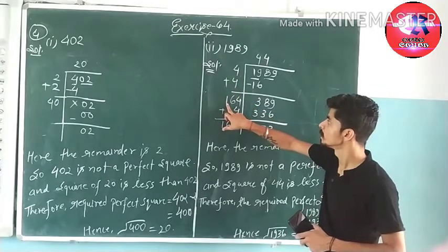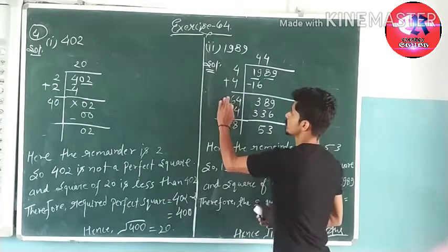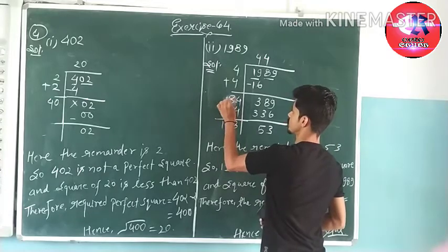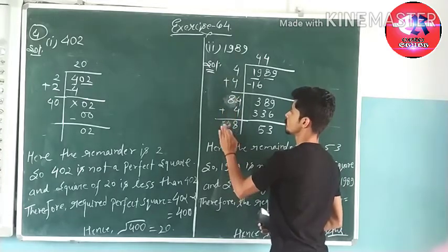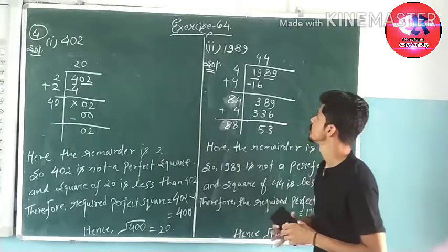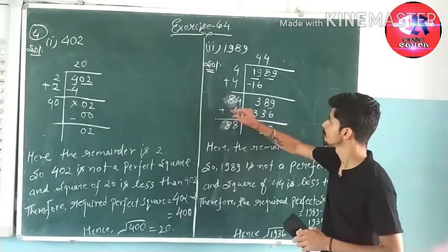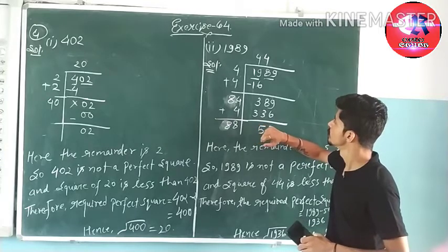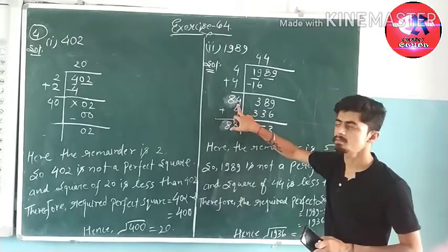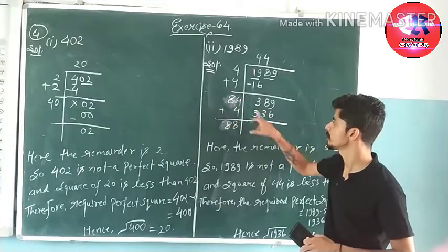Sorry, here it is only 8, not 16. Now 4 added to 4 becomes 8, and we have to find a digit which, placed next to 8 and multiplied by itself, gives us 36.